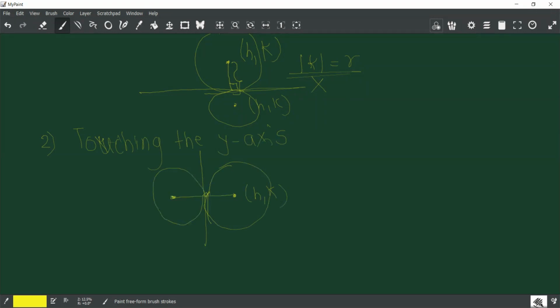Mod of h is r, absolutely correct. So you know the center and you know the radius, so you can go ahead and get the equation of the circle in center radius form. Is that right?